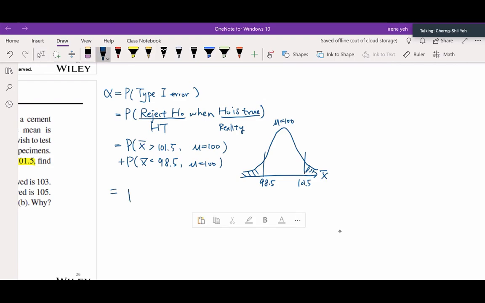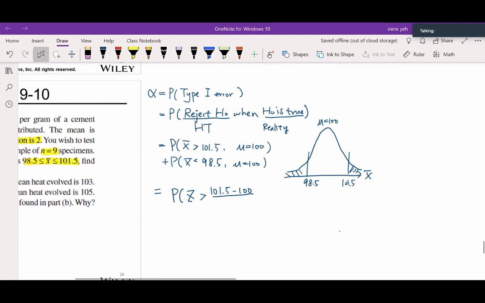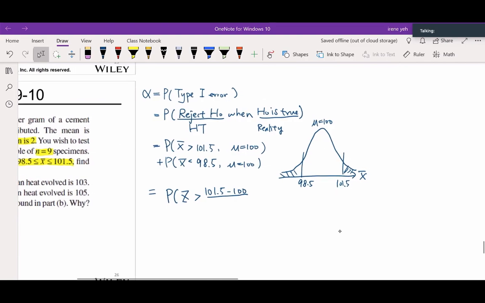So let's derive this using a sampling distribution. 101.5, I'm going to standardize it based on a population mean of 100, standard deviation is 2, size is 9.